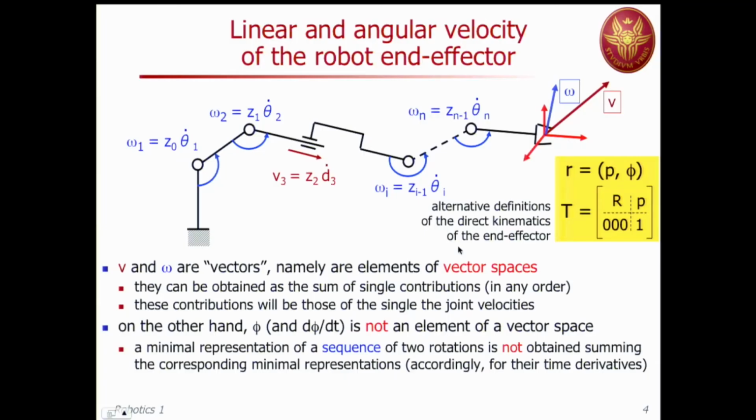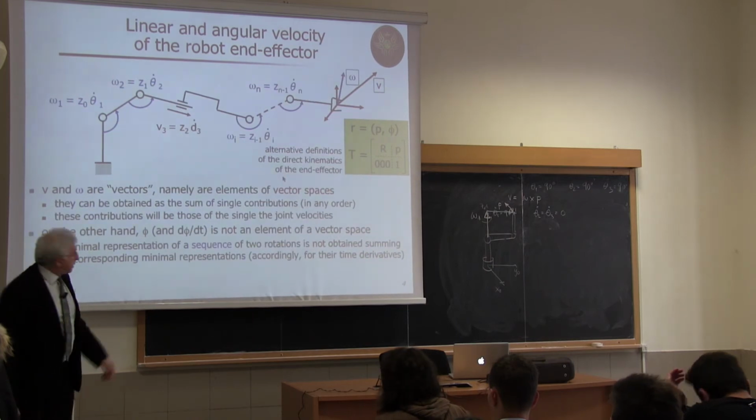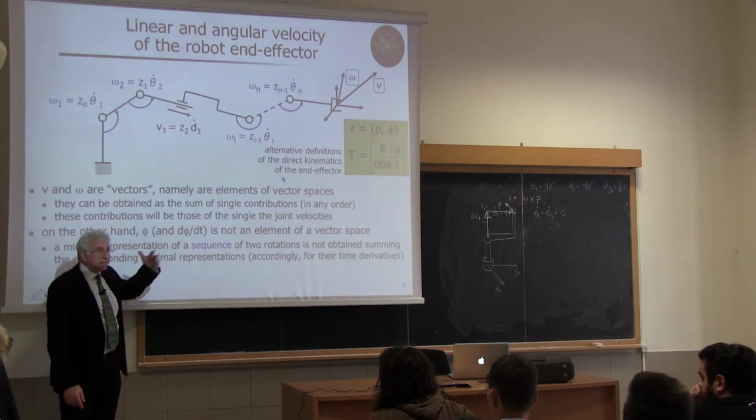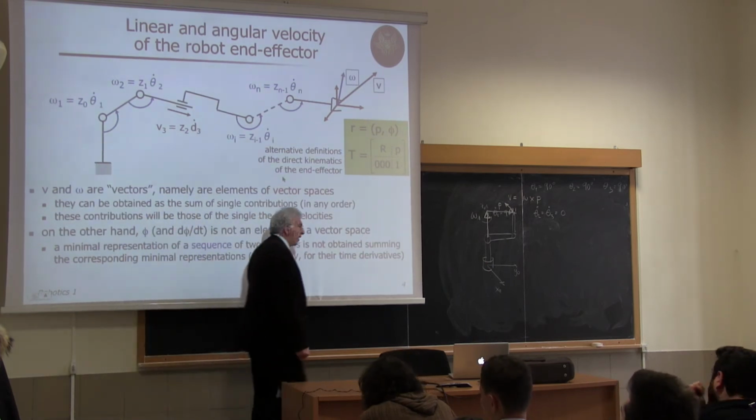Well, when you take phi and phi dot, or d phi over dt, then neither of these are vectors. Okay?